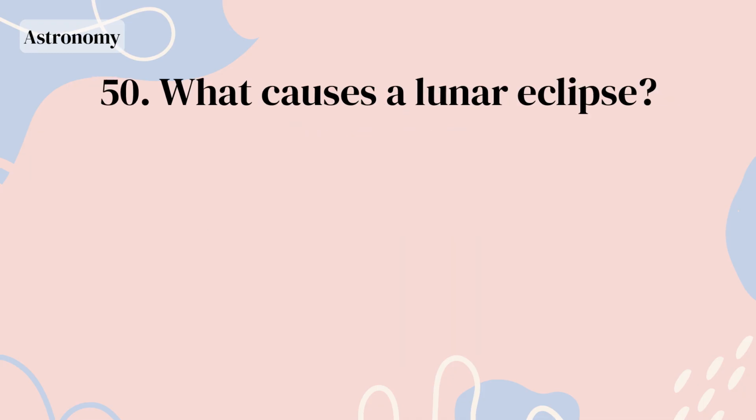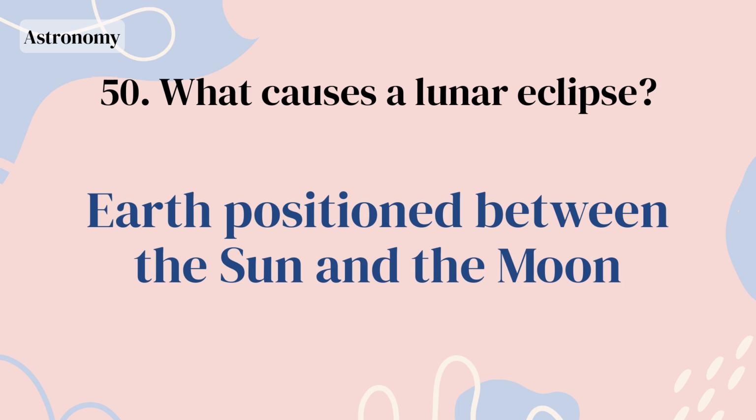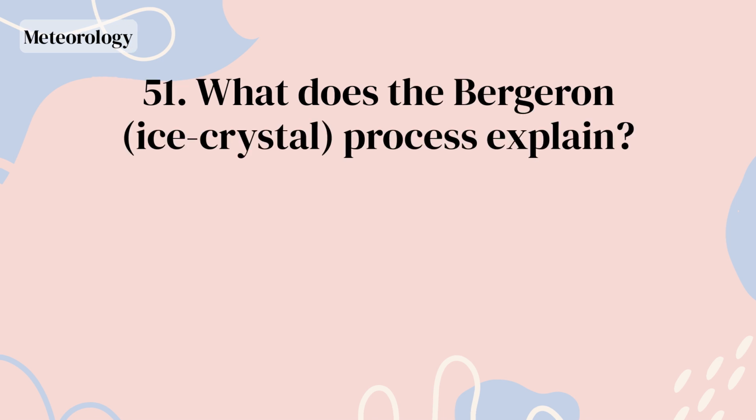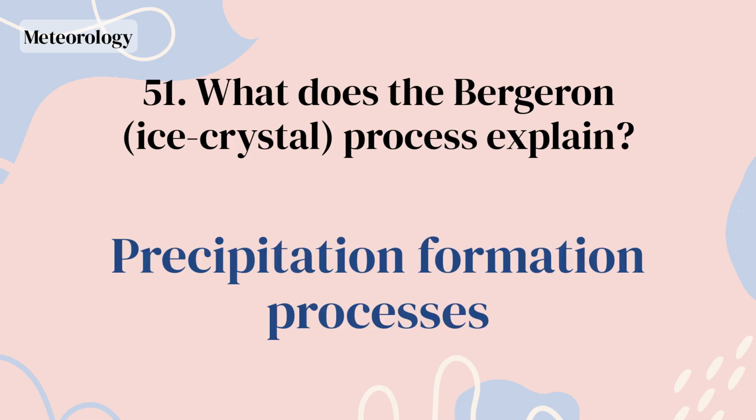Global warming. What causes a lunar eclipse? Earth positioned between the Sun and the Moon. What does the Bergeron ice crystal process explain? Precipitation formation processes.